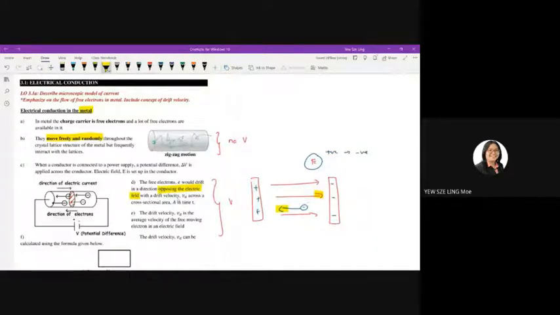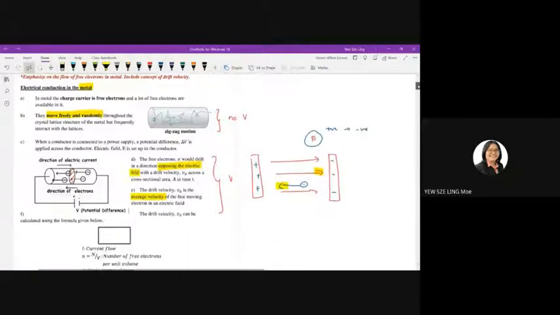So with a drift velocity across a cross-sectional area A in time t, drift velocity is known as the average velocity of the free moving electron in the electric field. Now you have a wire. Wire, usually we use a cylindrical shape to represent it.